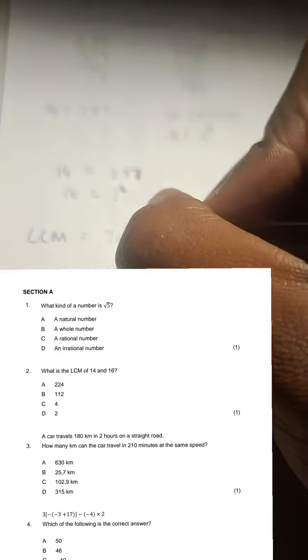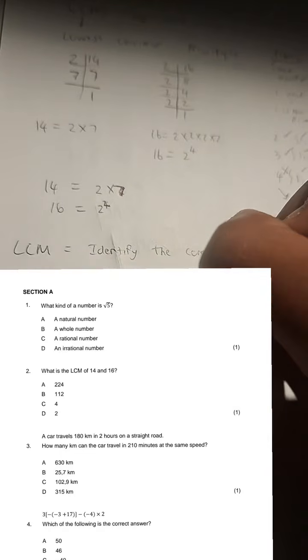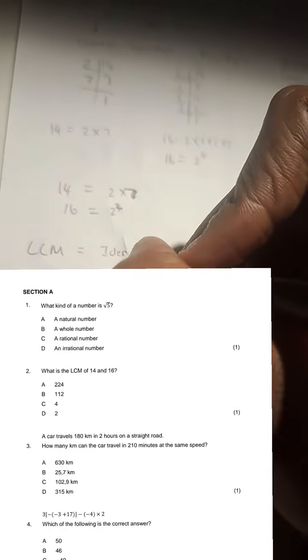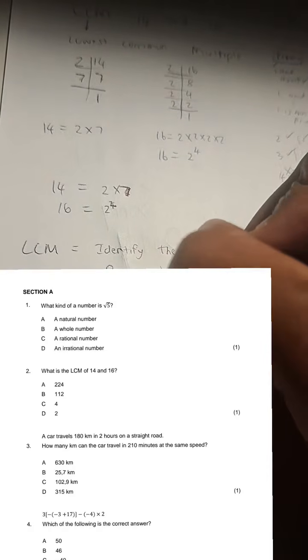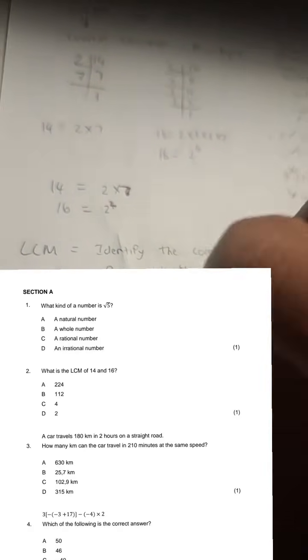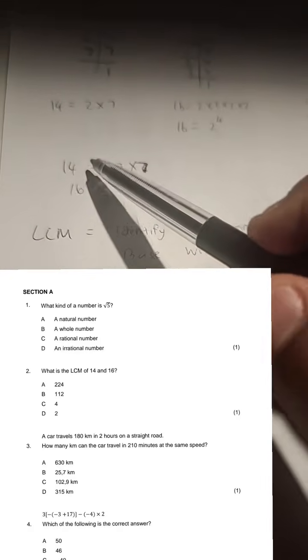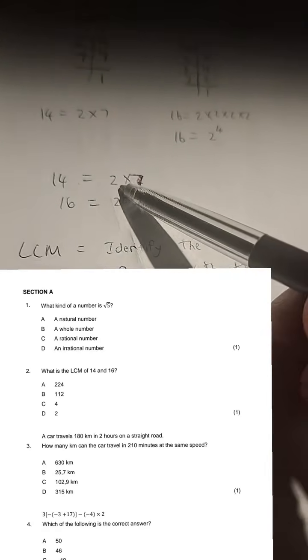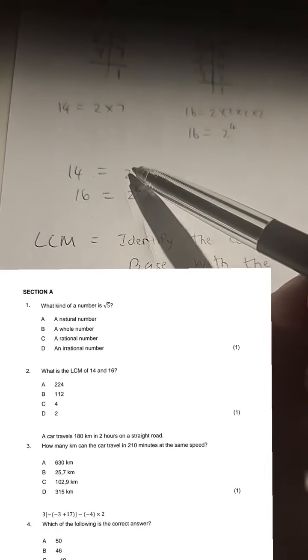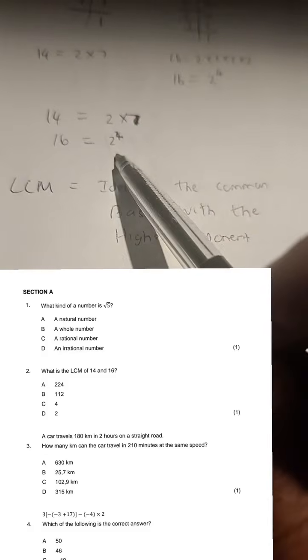We identify the common base with the highest exponent. Common base with the highest exponent. So between 14 and 16, we are looking at base 2. We can see base 2 is common for both 14 and 16. So identify the common base. It is 2 in this case.